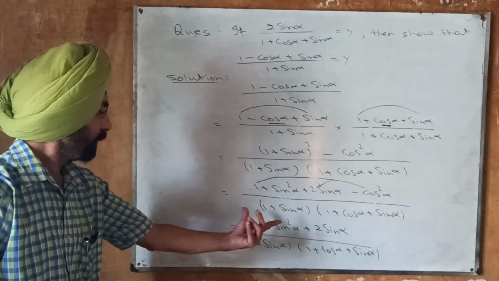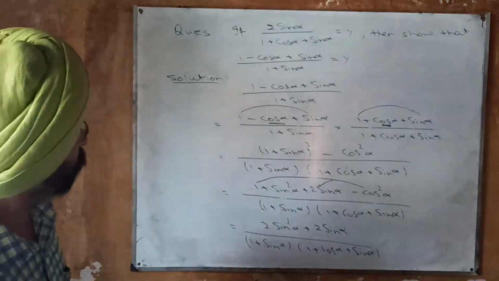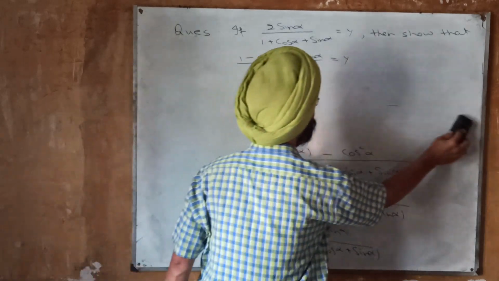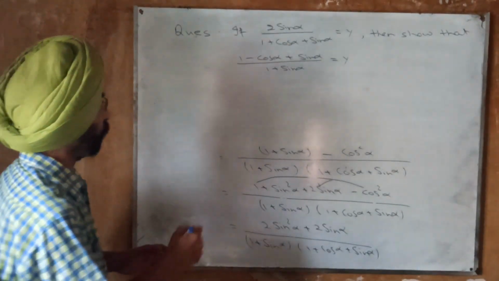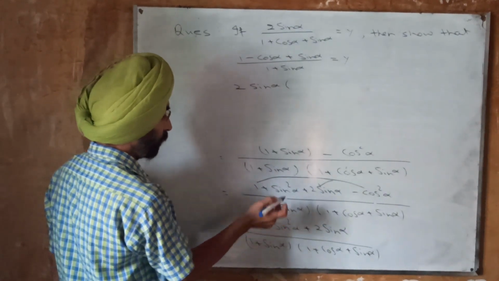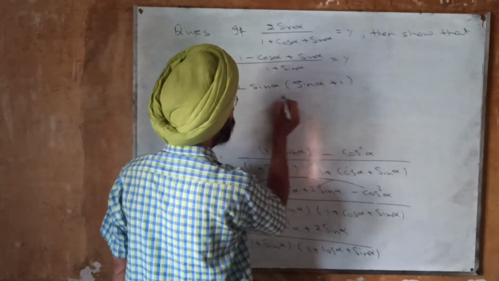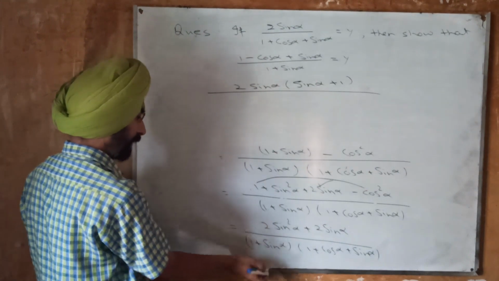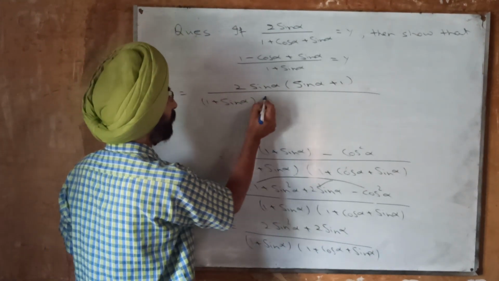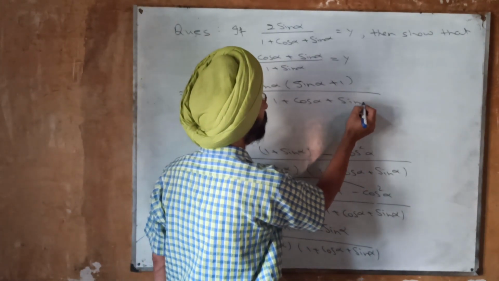Now what you will get? You will get 2 sin alpha common from the numerator. 2 sin alpha is common, and you will get sin alpha plus 1 divided by the denominator is same, 1 plus sin alpha into 1 plus cos alpha plus sin alpha.